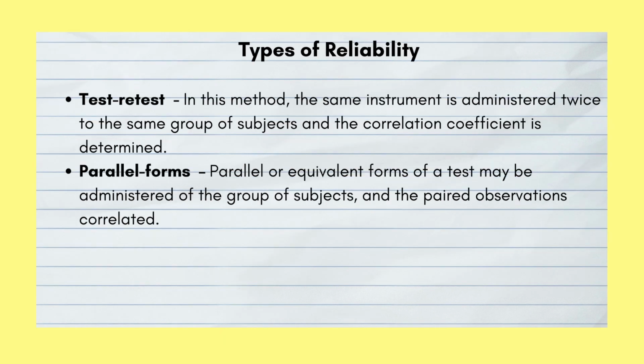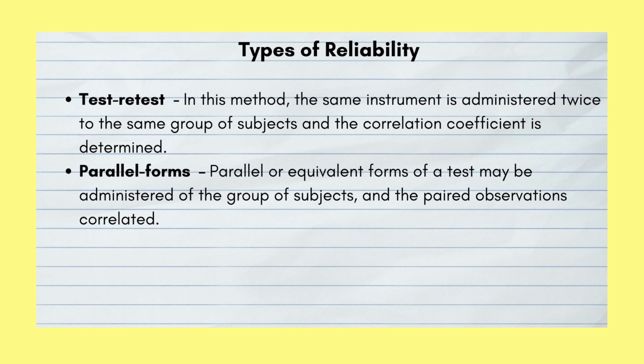Types of reliability. Test-retest. In this method, the same instrument is administered twice to the same group of subjects and the correlation coefficient is determined. Next is the parallel forms.